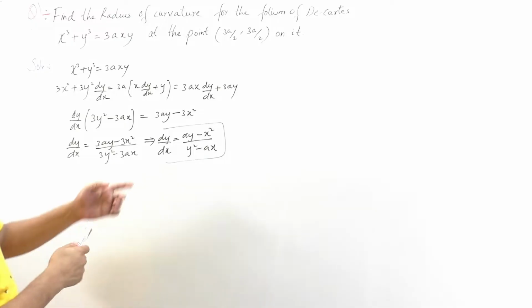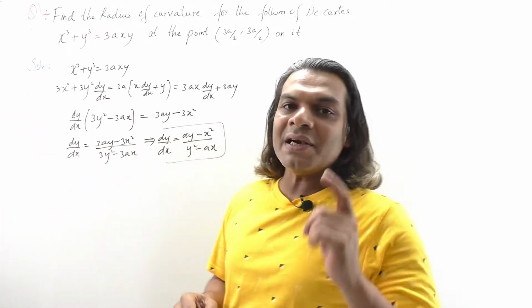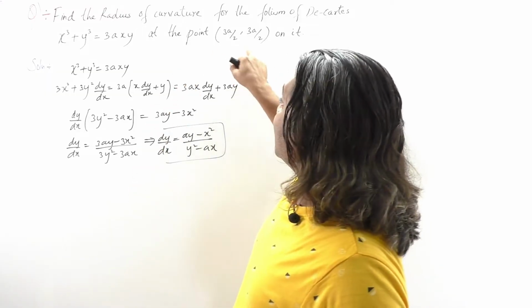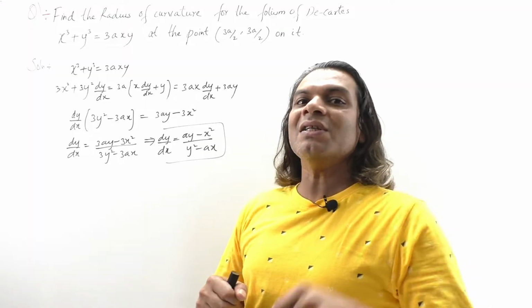So we have found dy by dx for this curve. Next we need to find dy by dx at the point (3a/2, 3a/2). It means in place of x put 3a/2 and in place of y put 3a/2.